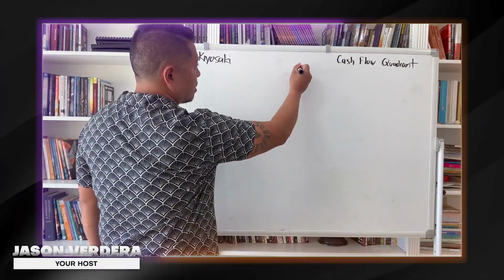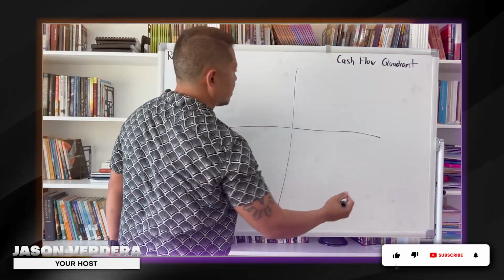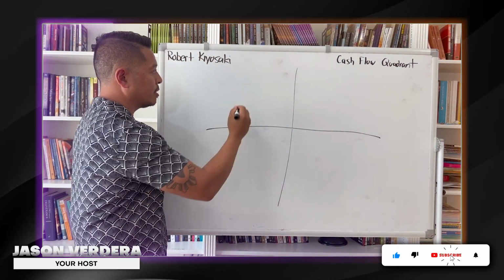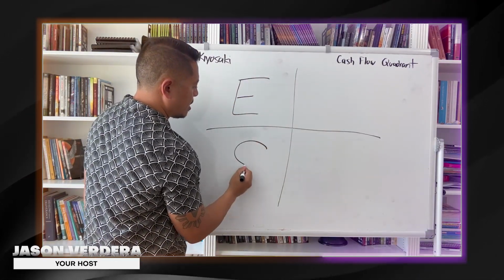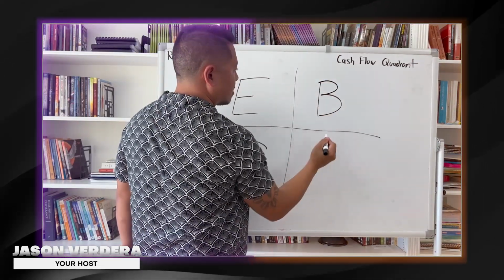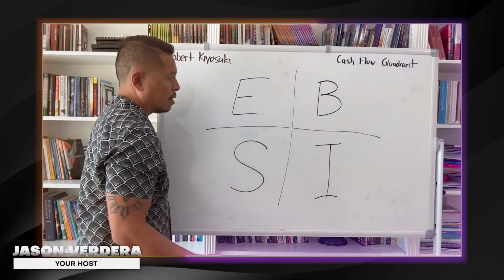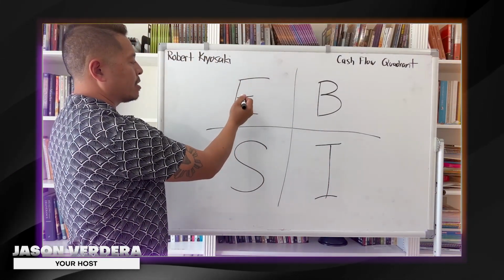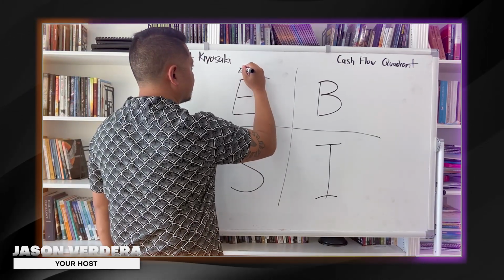So here, the cash flow quadrant explains the 4 quadrants, E, and I'm going to explain what these letters mean in a second. In the top left quadrant, we have our employees.